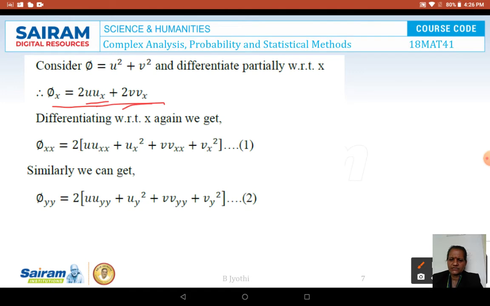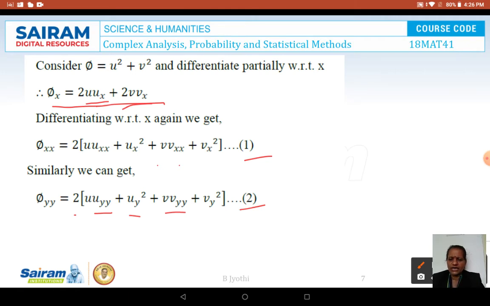So it is ux square. Similarly, vvxx plus vx square. This is called equation number 1. Similarly, when we differentiate partially with respect to y, we get 2 times of uuyy plus uy square plus vvyy plus vy square. Call this equation number 2.